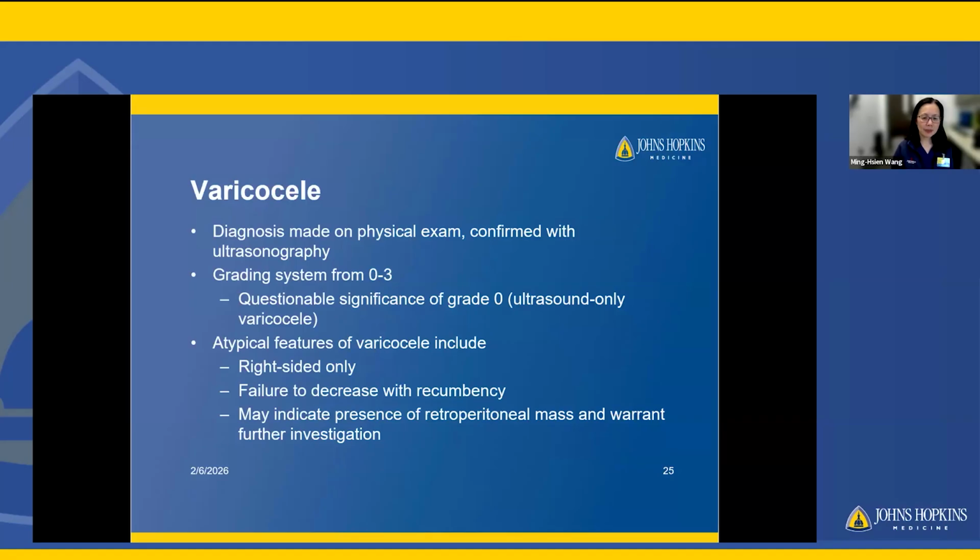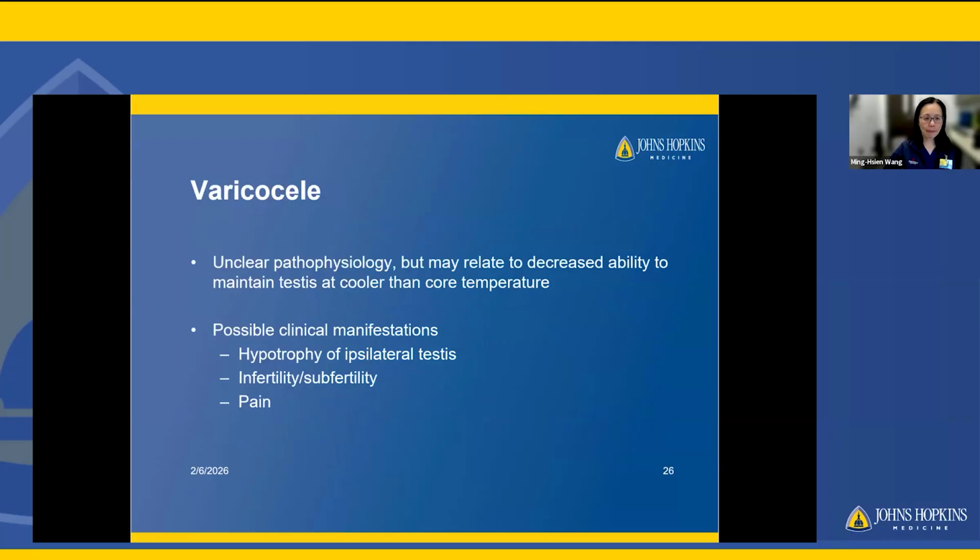So yeah, this is more in your slightly older population, like men in their 30s, or 20s nowadays, where you start to think about things like testicular tumor and lymph nodes that could put pressure on these veins on the right.